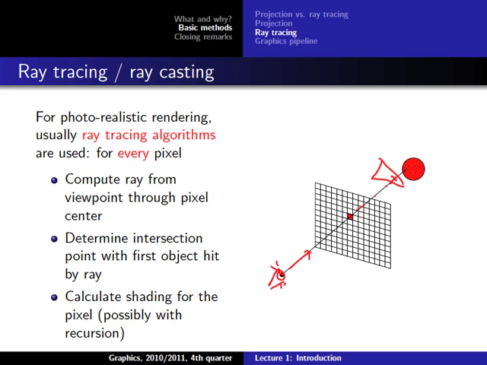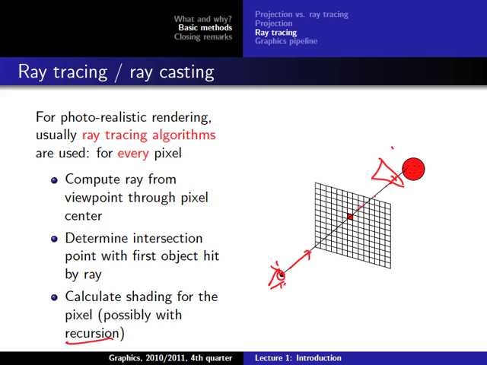So all these lights, these objects and everything that we have in our virtual world or in our real world influences how we see the light and the color on one particular point, which is why in ray tracing we do recursion.